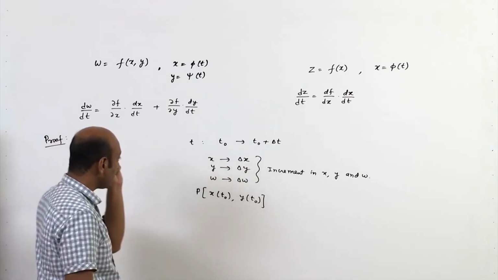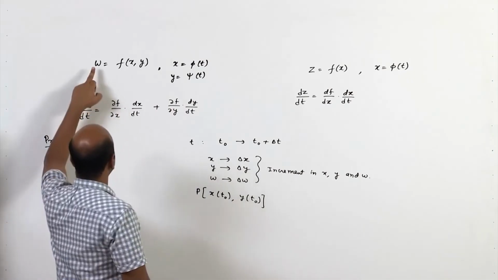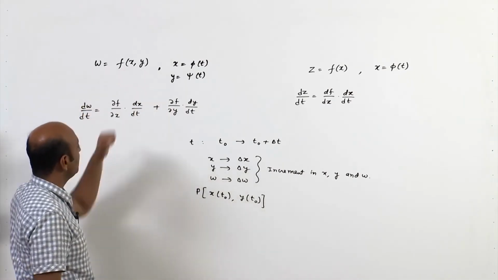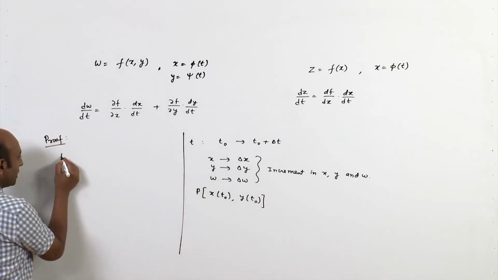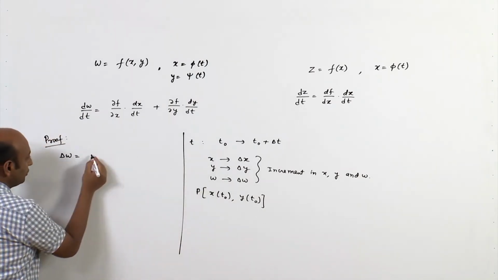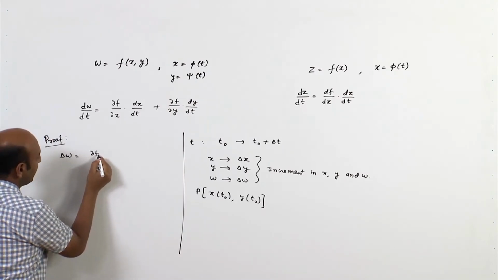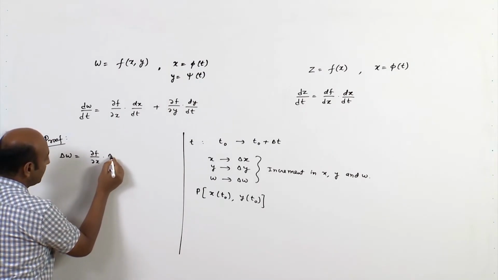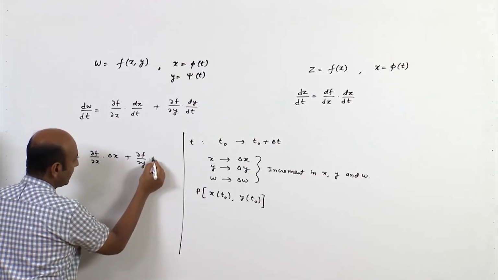Now since w is a differentiable function of x and y, we can always take delta w as del f by del x into delta x plus del f by del y into delta y.